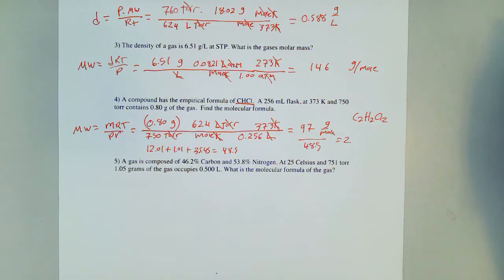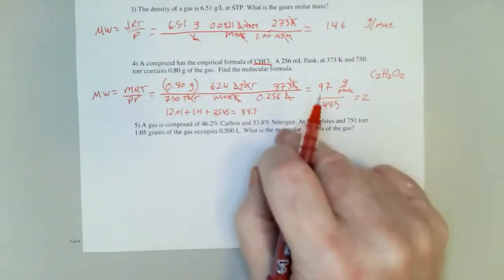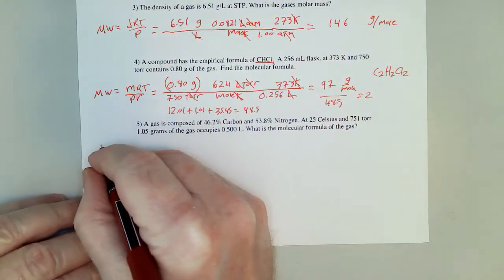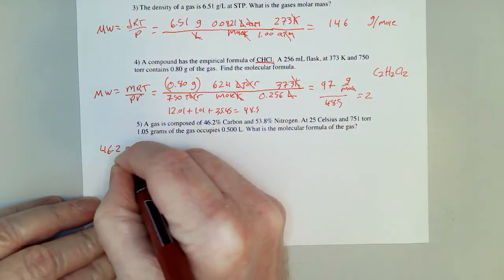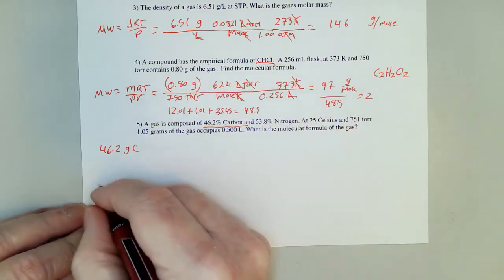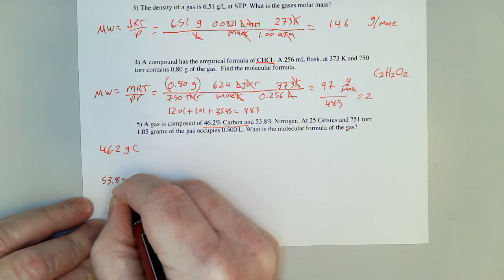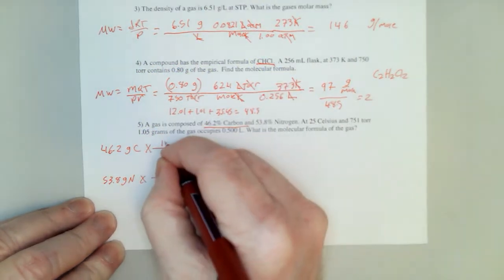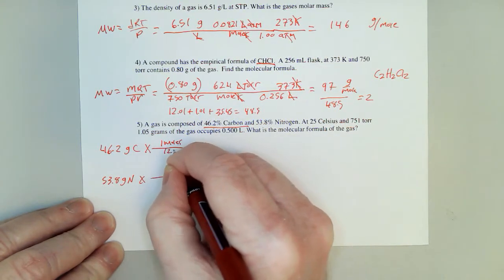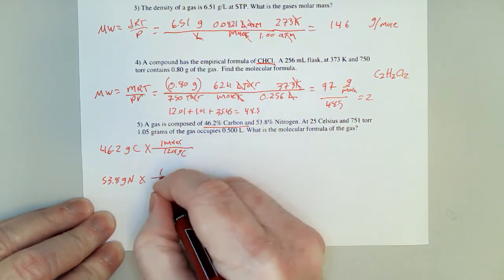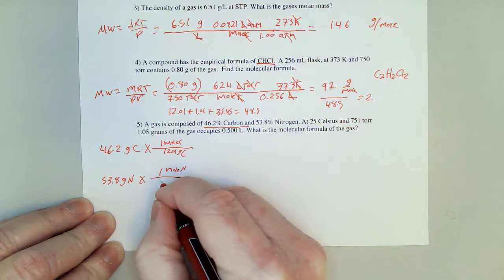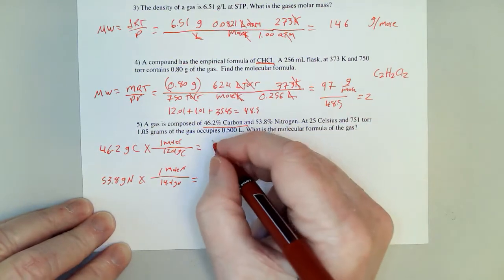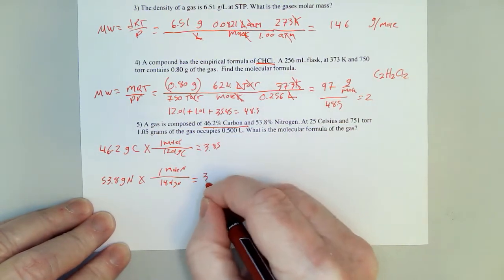Now for a flashback. Percent composition to get an empirical formula before we do all this. So 46.2 grams of carbon and 53.8 grams nitrogen, times 1 mole carbon per 12.01 grams carbon, 1 mole nitrogen per 14.01 grams nitrogen, equals 3.85 and 3.85.